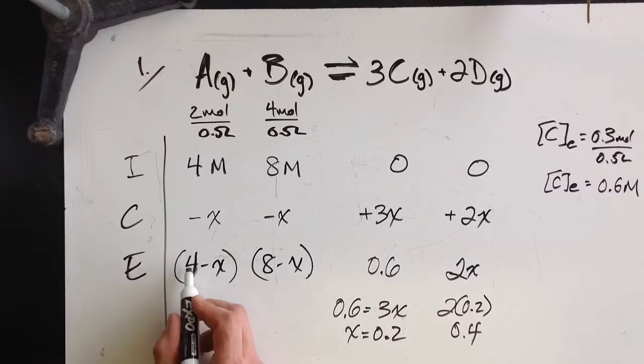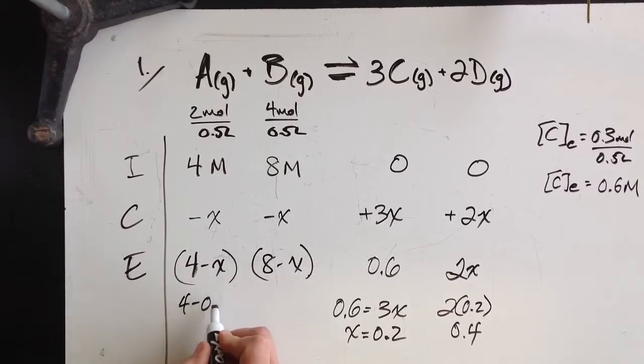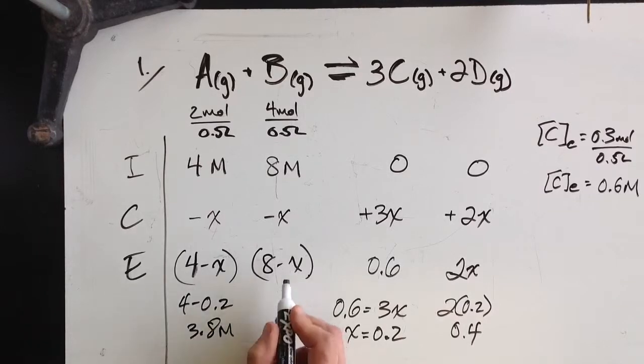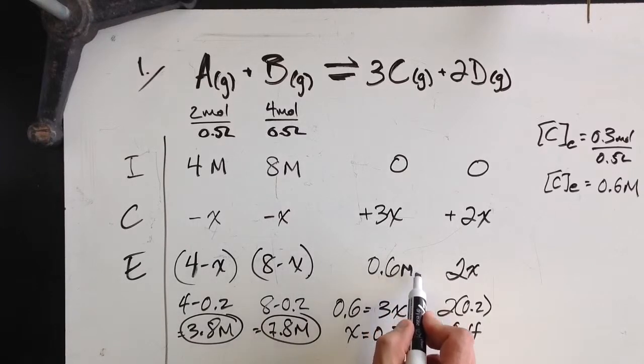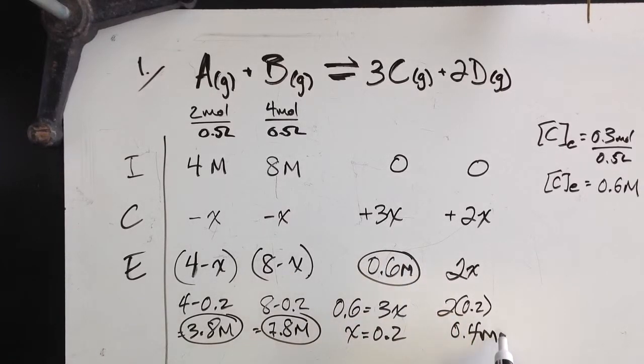Over here, I'm going to have 4 minus 0.2, which is 3.8. And 8 minus 0.2 is 7.8. So here are my equilibrium concentrations for each of the 4 substances.